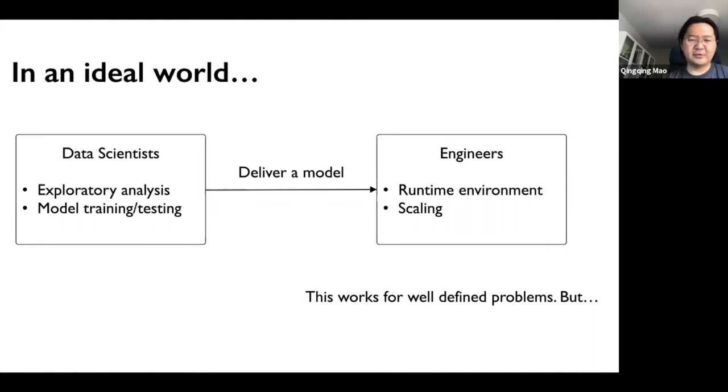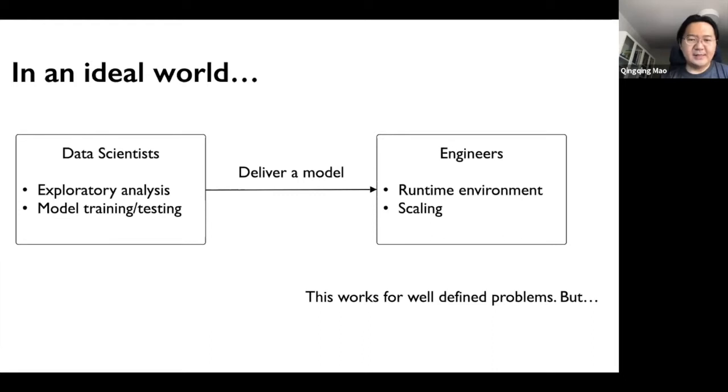TensorFlow and PyTorch, and many of these actually have distributed computing features in them. So you can train in a distributed way, and you don't need to worry too much. The data scientist's job is really just to make sure you prepare the data and get all the labels right, and then do your standard procedure there.